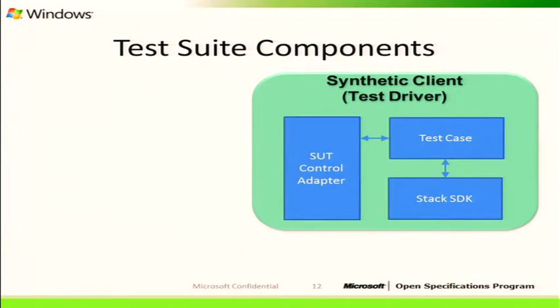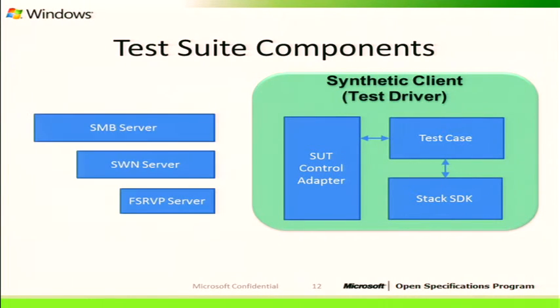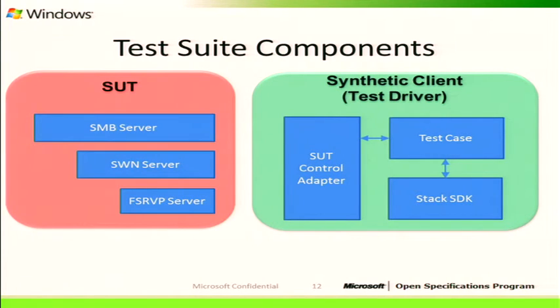These components are installed on our test driver machine, which acts as a synthetic client. And we also have the SMB server, SWN server, and the FSRVP server, which act as SUT, which means the system under test.